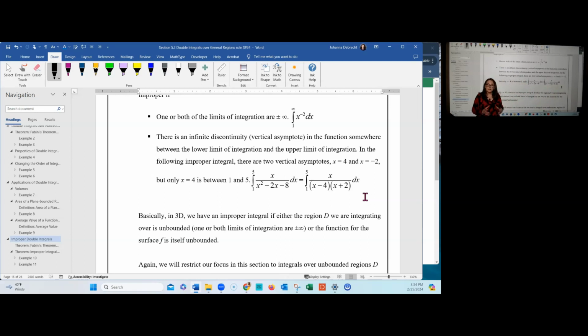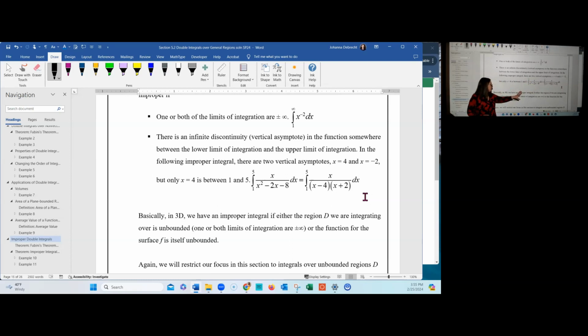This has two possible solutions that would cause the denominator to be 0, resulting in a vertical asymptote in the graph of this function. One is at x equal 4, the other is at x equal negative 2. However, only one of those values is between the limits of integration 1 and 5, and that's 4.